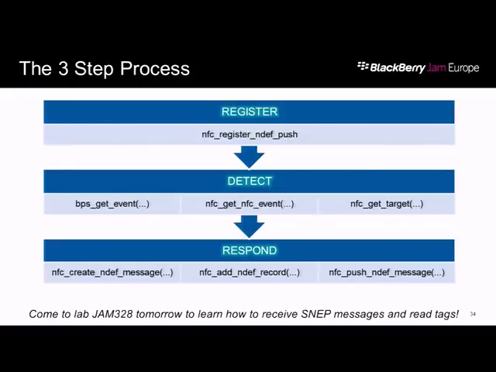That's what we're telling the BlackBerry Platform Services, or BPS, which is easier to say, that we'd like to be notified of through an event. The second stage is to detect the other device coming into proximity, and there are some function calls involved in that. And having detected the other device arriving in our NFC field, we respond by sending some data to it. So it's a three-step process involving various C API calls.